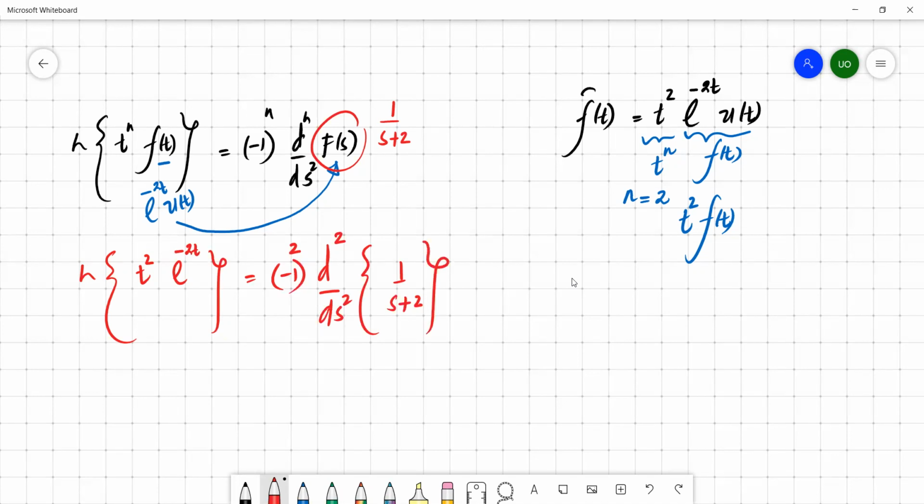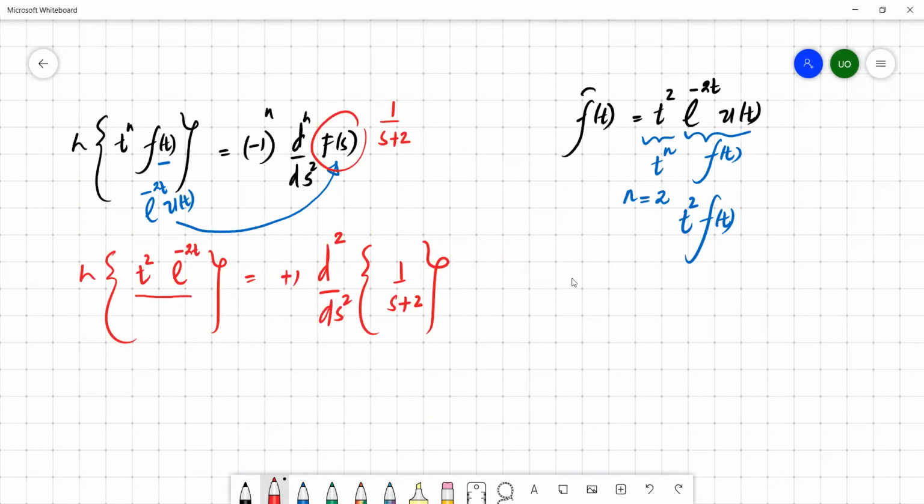If you differentiate 1 over s plus 2 two times with respect to s and multiply it with minus 1 to the power 2, which is just 1, it gives the Laplace transform of t squared e to the power minus 2t.